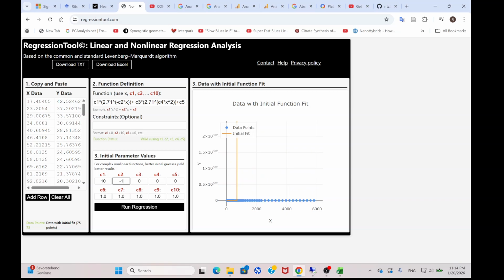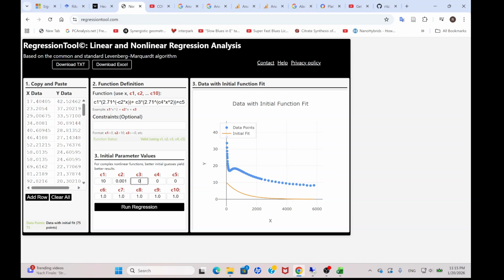What does it do with -1? No, it gives a completely weird shape. Maybe 4. No, because it still has a big difference. So maybe 0.01. Yeah, it's better because now we can see that it has this decay kind of shape. Maybe 0.5? No. Maybe 0.01? Probably it's a good guess.